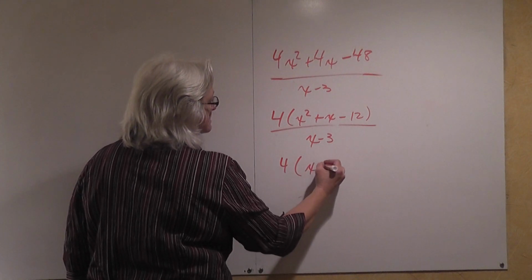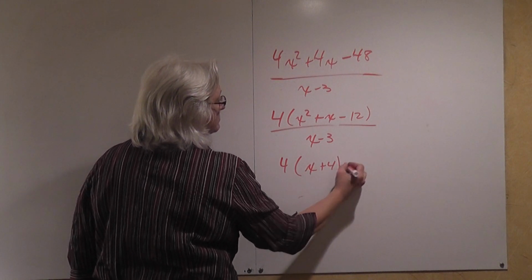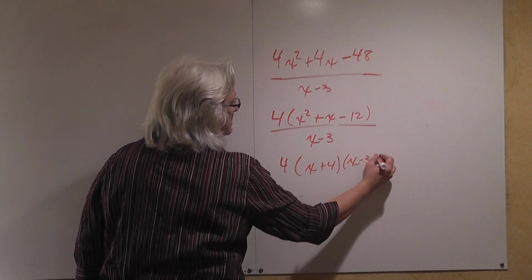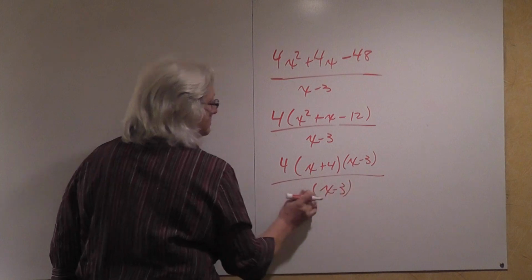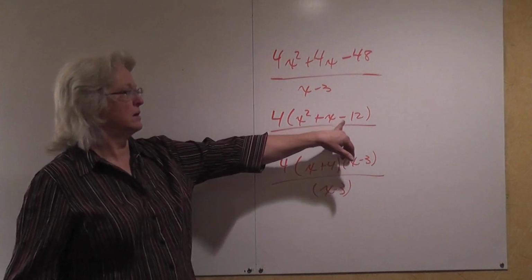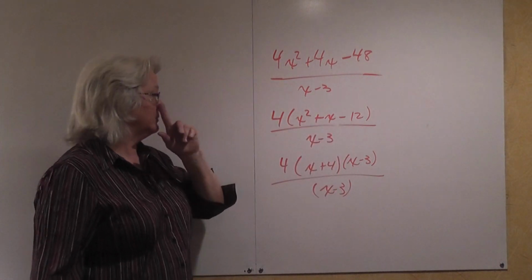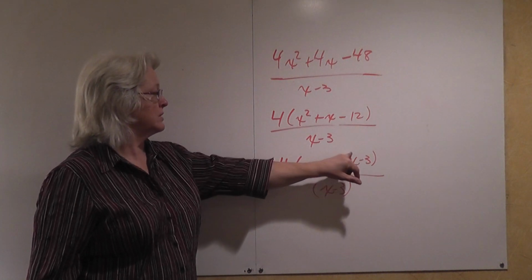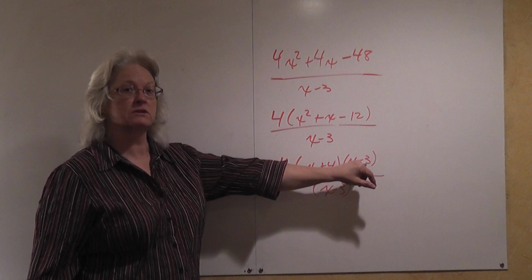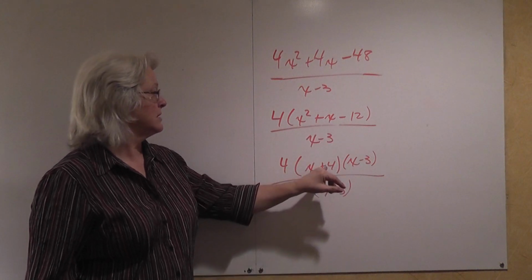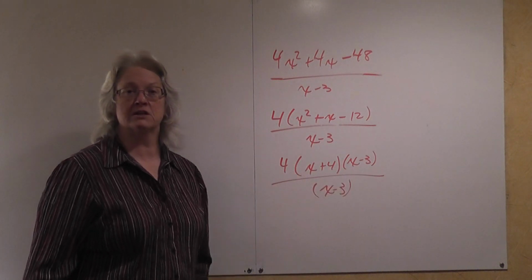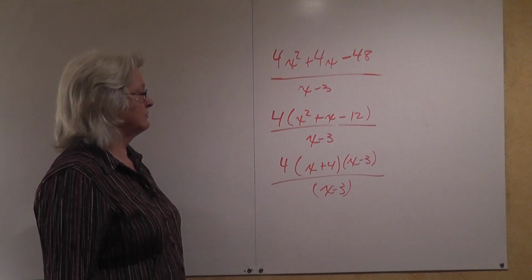If we do x plus 4 times x minus 3, we have factored our trinomial here, haven't we? Foil it back. x squared minus 3x plus 4x is a positive x. Plus 4 times a negative 3 is negative 12.